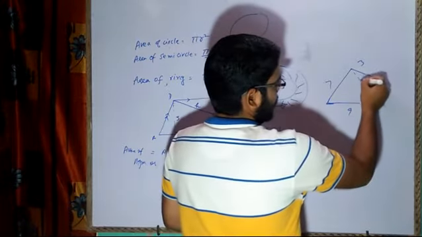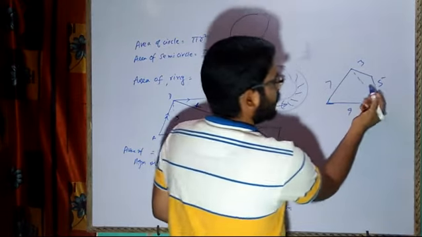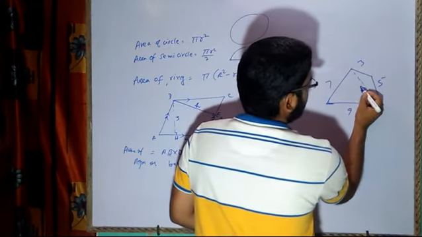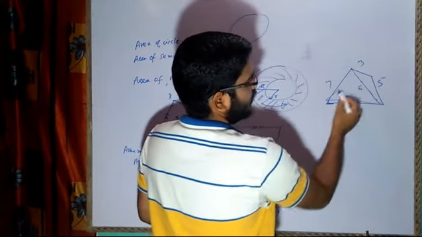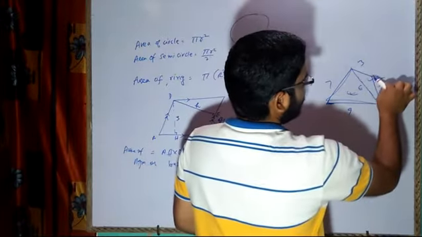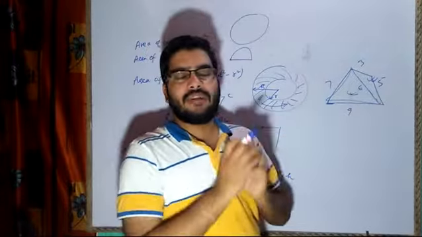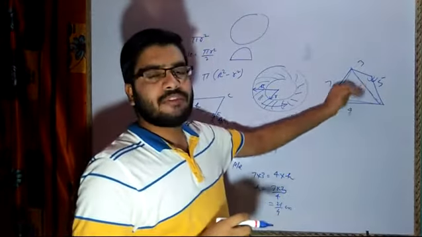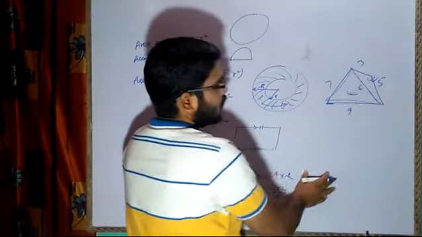The method will be like, they will obviously give one of the diagonal lengths. Say let us take, they have given 6 centimeter. Then by Heron's formula you can calculate the area of this triangle, and second, you can find the area of the other triangle also by using Heron's formula. Then you will add those two areas, and it will give me the area of this quadrilateral.